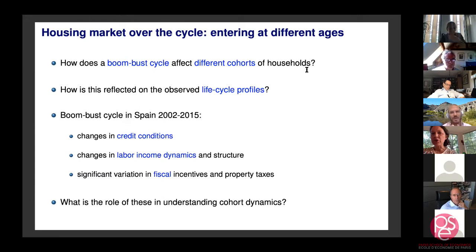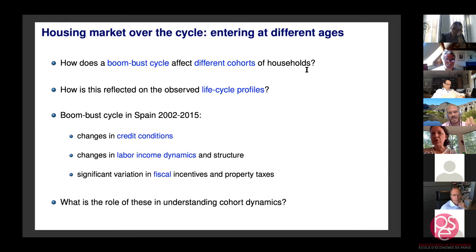One might argue that that was the full frequency of the cycle, where there were significant changes in credit conditions, changes in labor income dynamics and labor market structures, but also significant variation in fiscal incentives and property taxes.